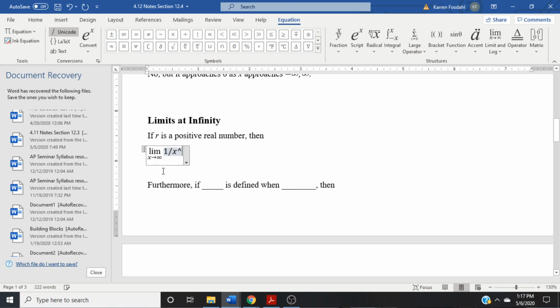Sounds too hard. Okay, if we have 1 divided by x to the r, this will equal 0. That will be our limit, okay?